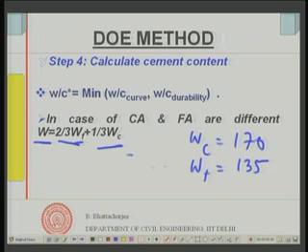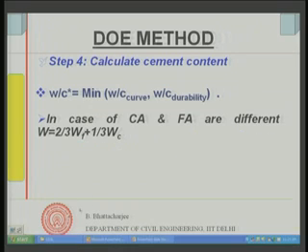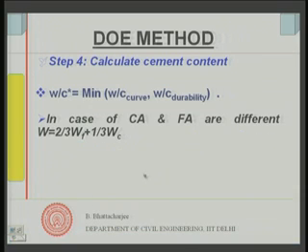Then my total water content will be given as 170 divided by 3 plus 135 into 2 by 3. So, one can find out the water content in this manner when you have mixed aggregate. For single shaped aggregate, that is not the problem; for multiple shapes you find it in this manner.